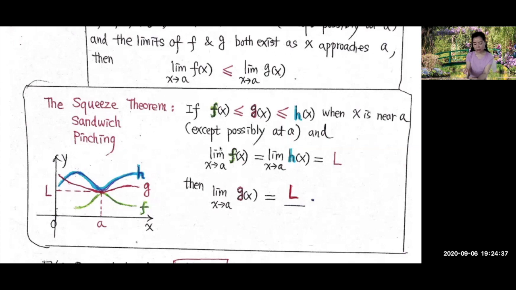So the squeeze theorem. We have three functions. This is always above or equal to this, and this is always above or equal to this.